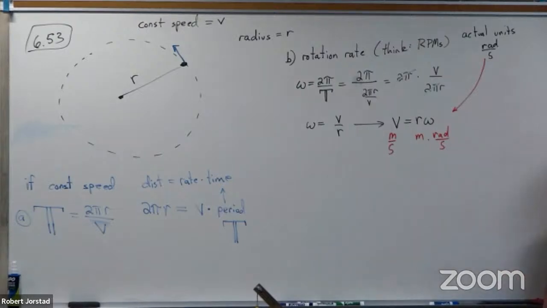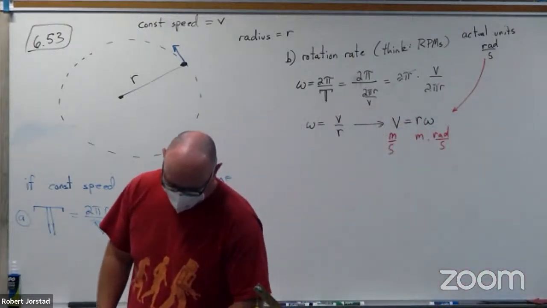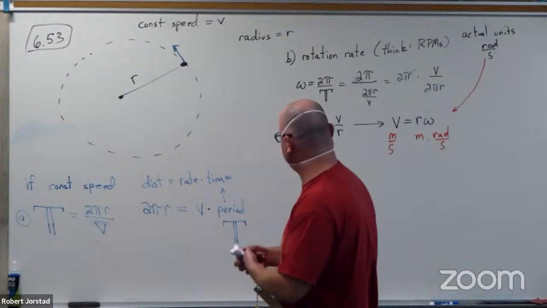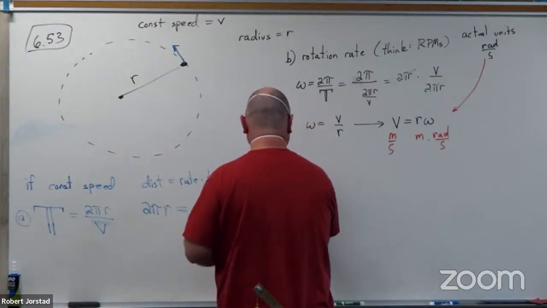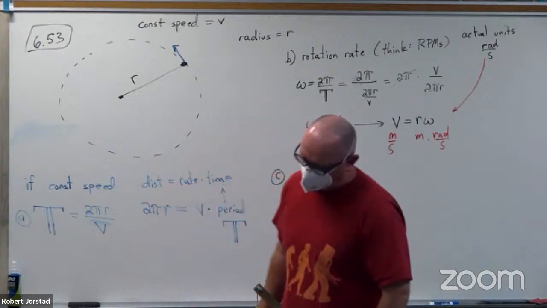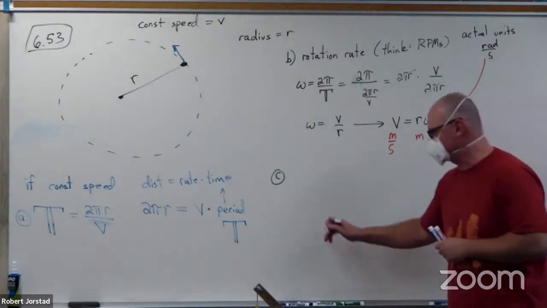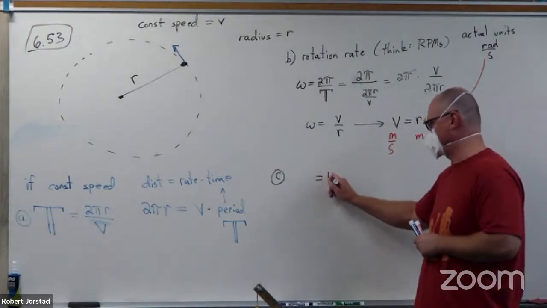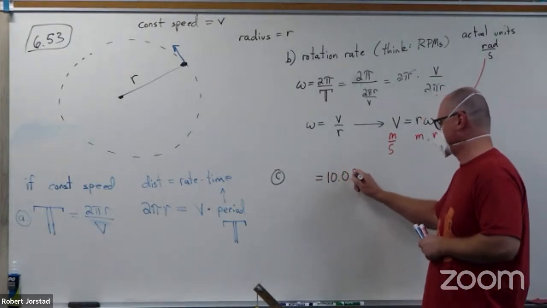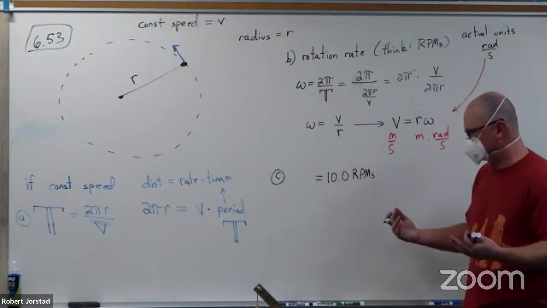Now, okay, what else? Okay, let's do this. Part C. It says something's rotating at 10 RPMs. If I tell you 10 RPMs, what symbol is 10 RPMs? Rotation rate.